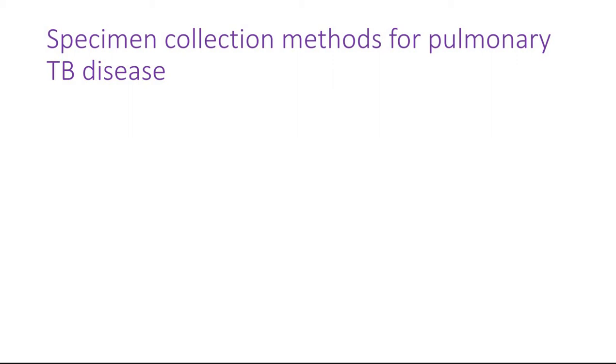And now it is time to speak about specimen collection methods for pulmonary TB disease, and the first method is coughing. It is the most commonly used method of sputum collection. Coughing should be supervised to ensure that sputum is collected correctly.